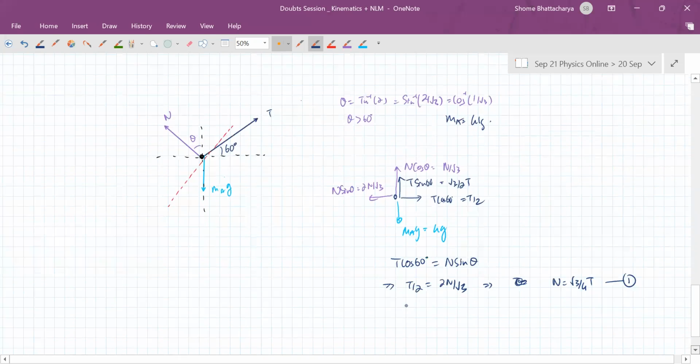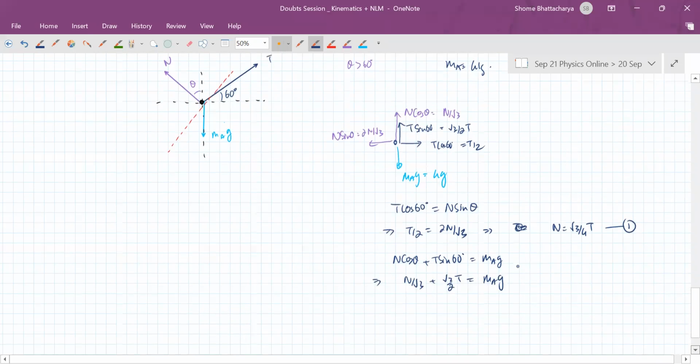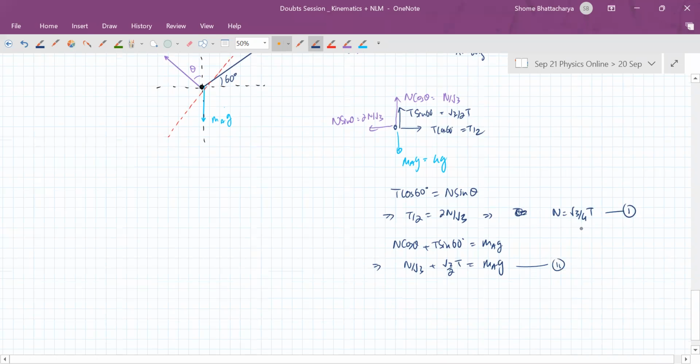And from the vertical equation, we have N cos theta plus T sin 60 balancing weight. So we have N by root 3 plus root 3 by 2 T is equal to weight. So this is our second equation. In this you substitute this.